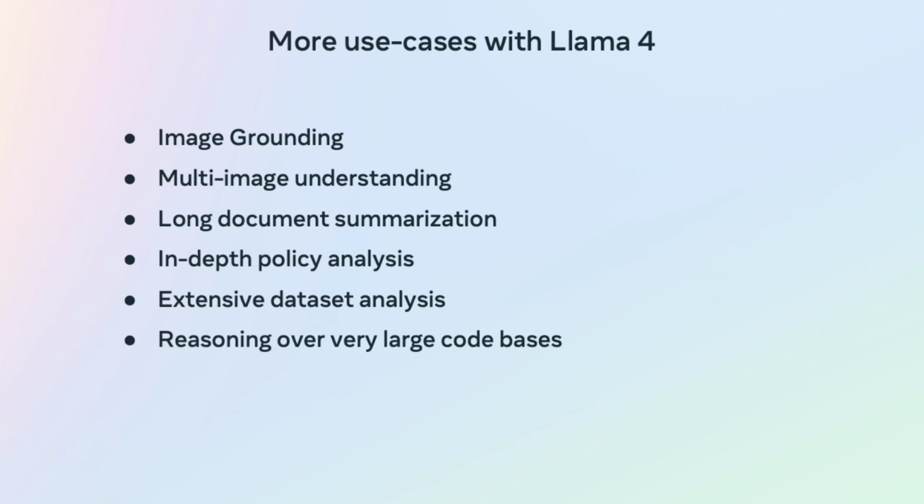The model specifies those regions using the coordinates of the bounding box rectangle. Llama 4 provides multi-image understanding up to 5 images. Also, long document summarization, in-depth policy analysis, extensive dataset analysis, and finally reasoning over very large code bases.